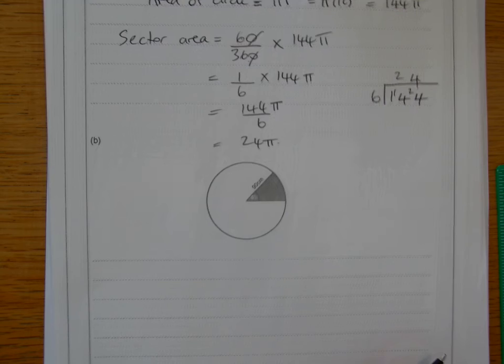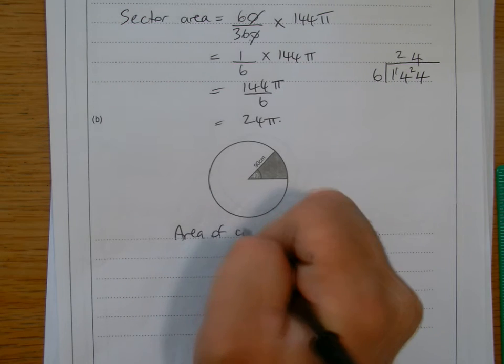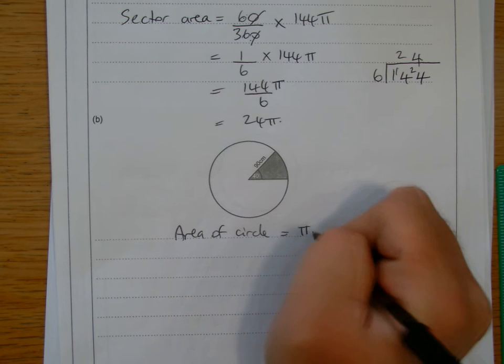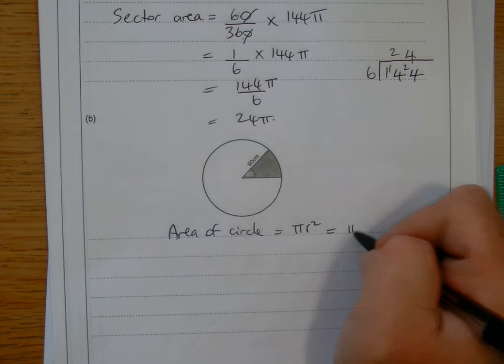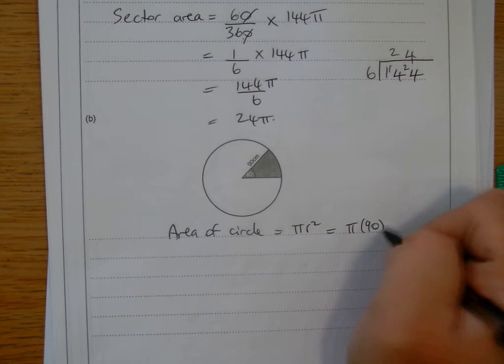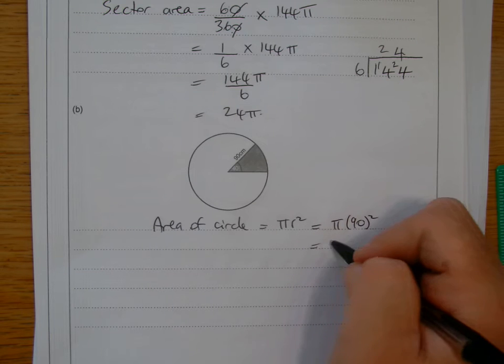Similar then with part B. Similar situation. This time, again, I'm going to work out the area of the circle to start with, which is pi r squared. So that will be pi times 90 squared in this case. We take up the time on working that bit out because 90 is a large number.